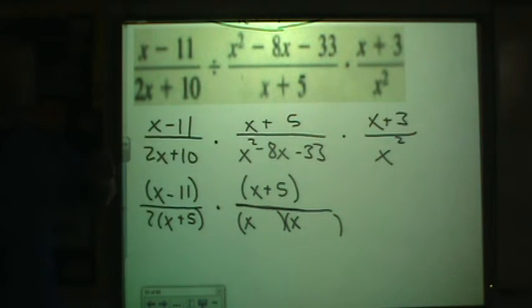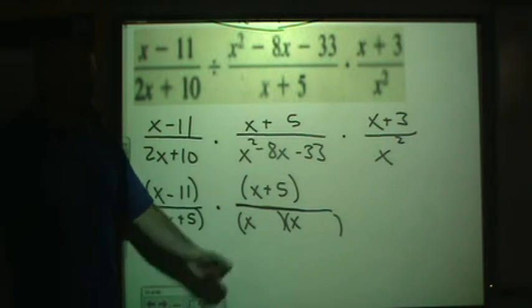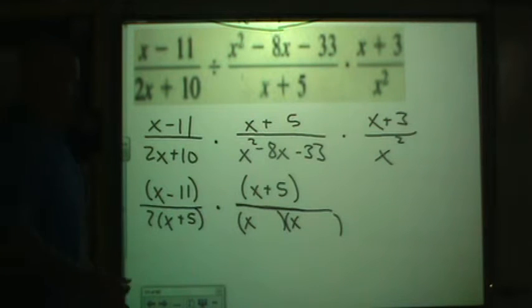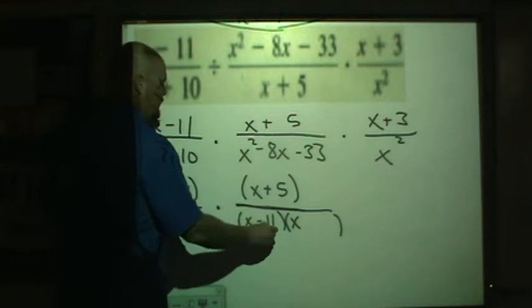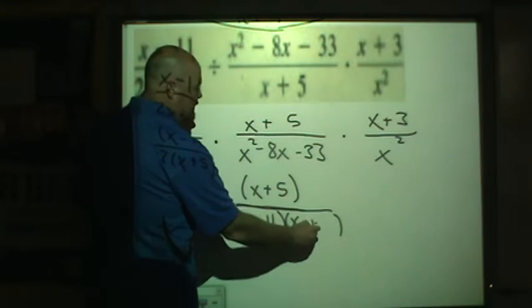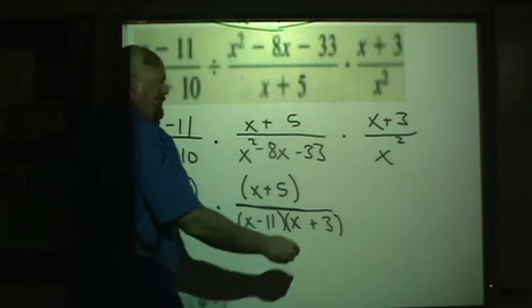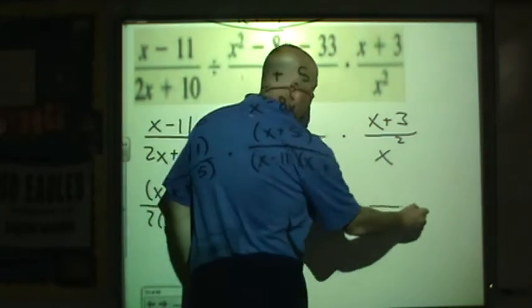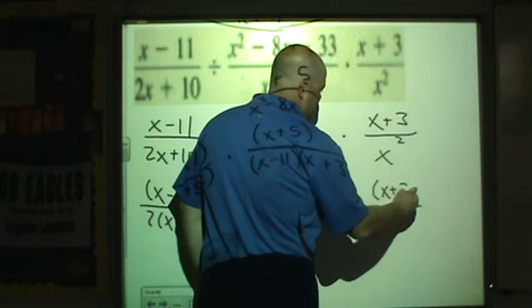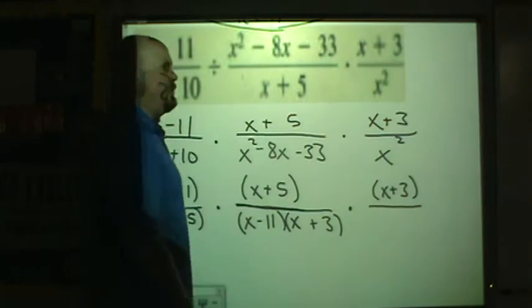So is there some combination of a positive and negative 3 or 11 that also add up to be negative 8? Yes, negative 11 and positive 3. And then over here, x plus 3 is prime, and x squared is x squared.